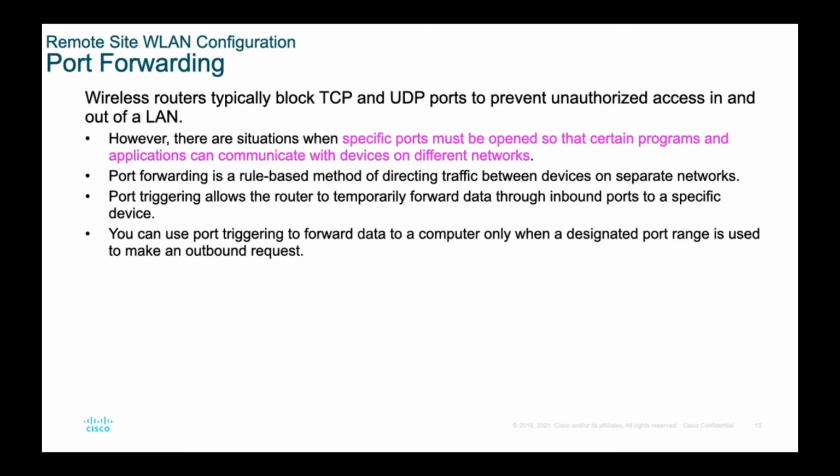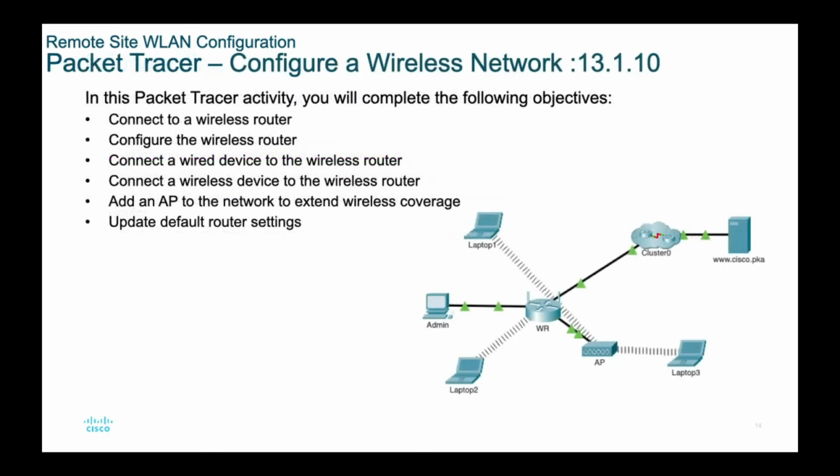So to forward to a port inside the client, that's port forwarding. Okay, so there is an experiment 13.1.10. We have done this to configure a wireless router, then extend through an AP, and lastly change the IP address, and then everybody should be able to connect.